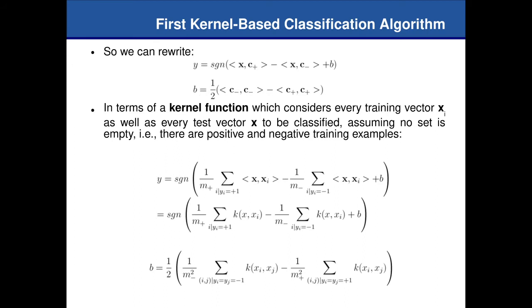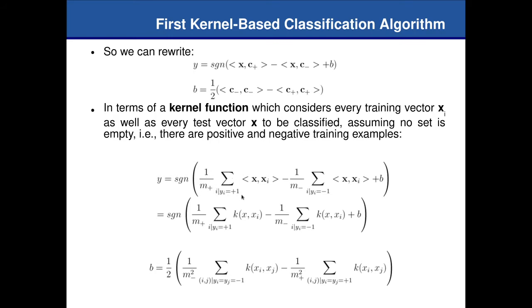If we're applying some kernel function to modify our space, the kernel function will actually happen at this point. Remember, here I am computing my C plus. If I substitute this by the result of C plus, what is C plus for me? It's the same as the average, considering only the positive elements.